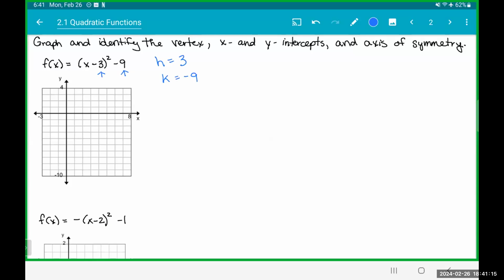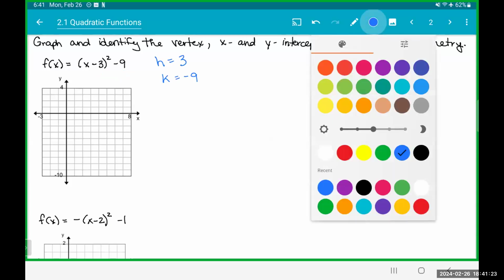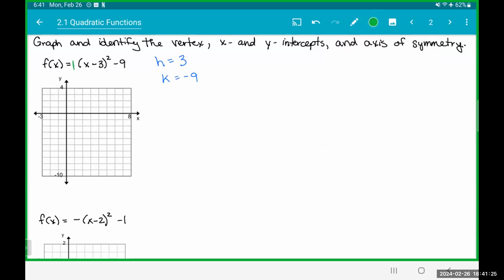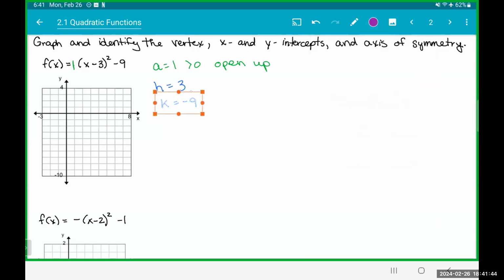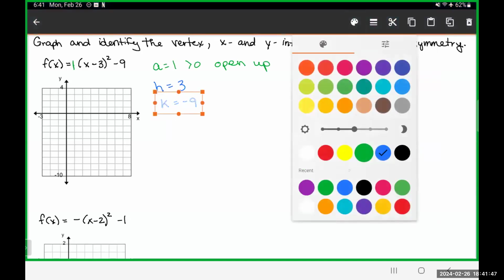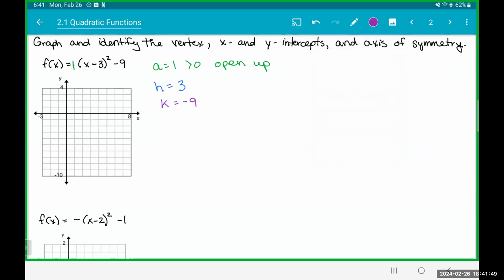And I can also say that my a, so this is like a 1 right here, right? So a is equal to 1, which is greater than 0, right? So that tells me that I open up, okay?